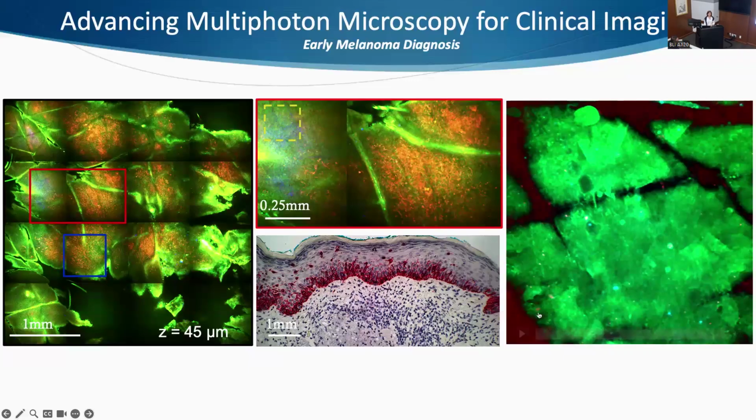In normal skin, this is an immunohistochemistry image that specifically stains for these melanocytes. In normal skin, you don't have them densely packed in the basal layer. You have them more sparse, and besides, they are exclusively located in the basal layer. They are not supposed to be in the epidermis.